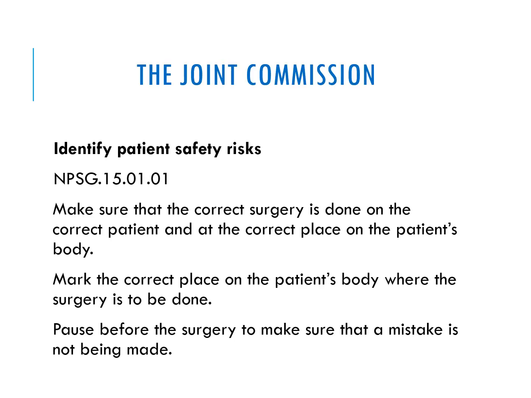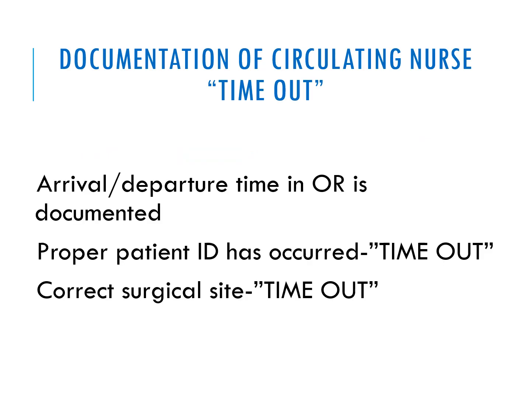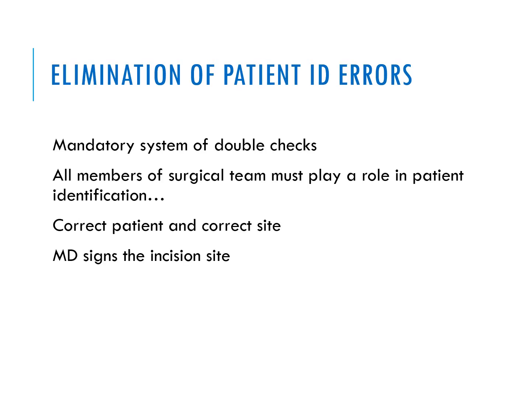Please review this statement from the Joint Commission. The following are documentations the circulating nurse needs to do in order to fulfill the timeout. In order to eliminate patient errors, there needs to be a mandatory system of double checks.